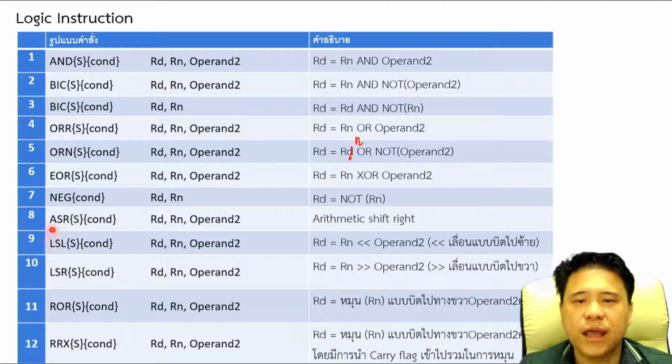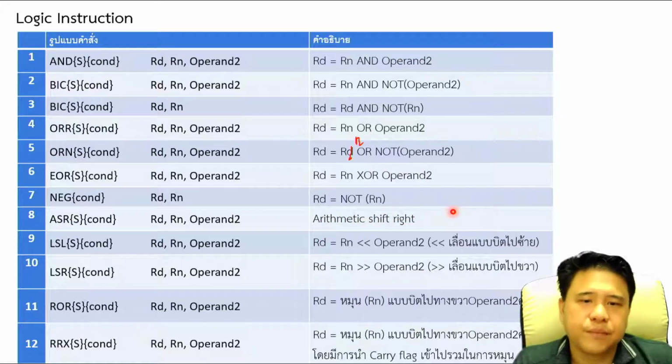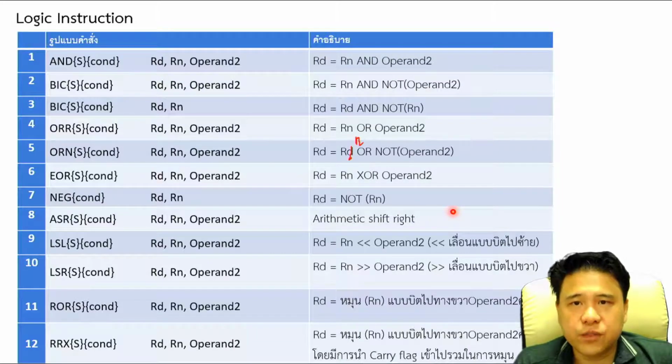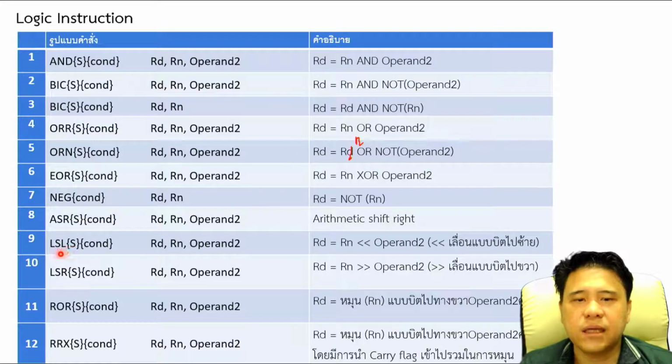And the next one, ASR. This one is arithmetic shift right. So what is it? Before you understand arithmetic shift, you have to understand the shift operation first. Then we move to LSL first. For the LSL, it is a logic shift operation to the left.